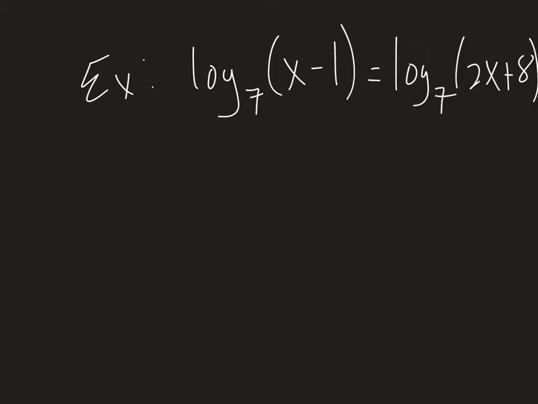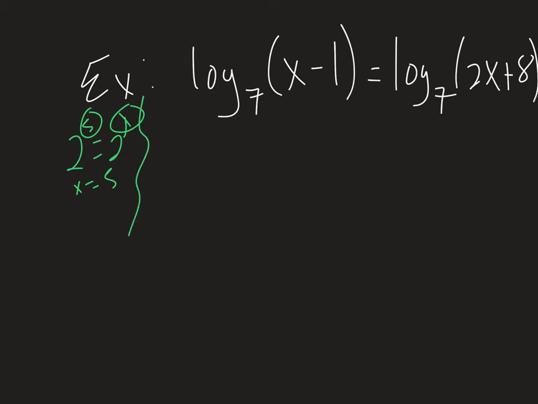So let's talk about a slightly different example. Let's say I have logarithms on both sides of the equation. Similar to exponentials, say we had 2 to the 5th equals 2 to the x. Then this could only be true if x equals 5. Basically, these powers have to be equal. Very similar thought here.